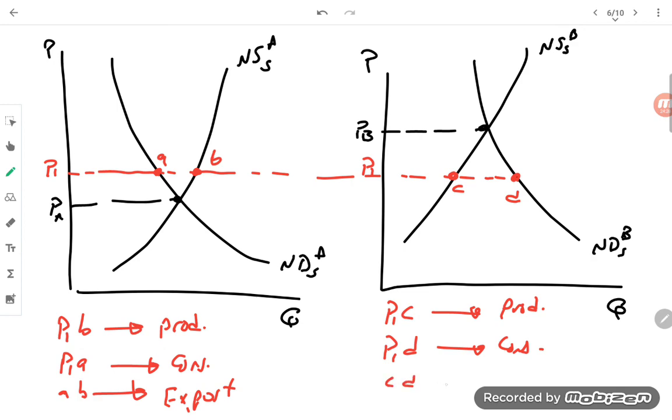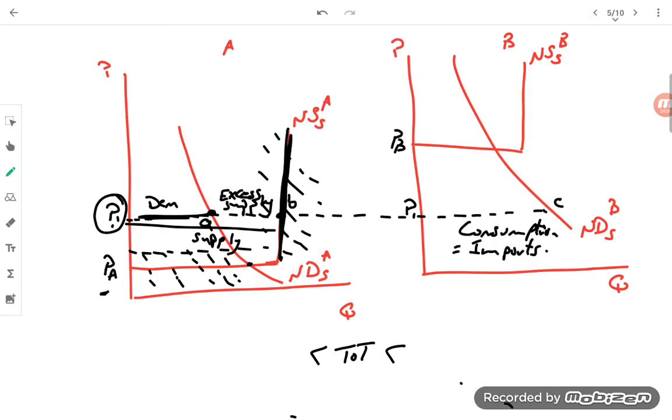So CD is a shortage in this market, or imports of country B. So the international trade price in the case of Heckscher-Ohlin is determined by demand and supply forces, and the autarky price is also determined by demand and supply forces. These are the main differences between the Heckscher-Ohlin model and the classical trade model.